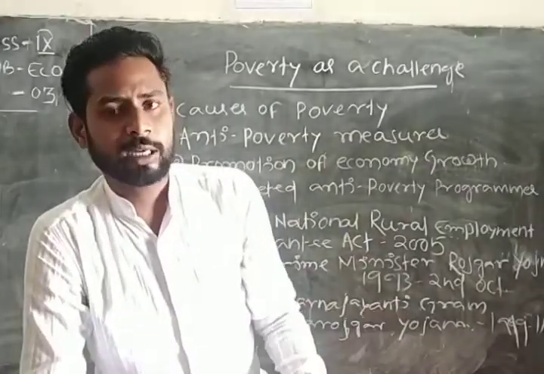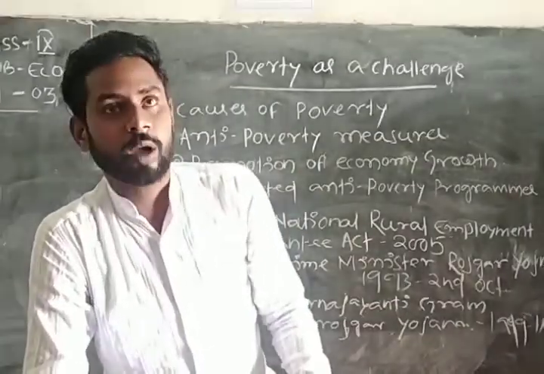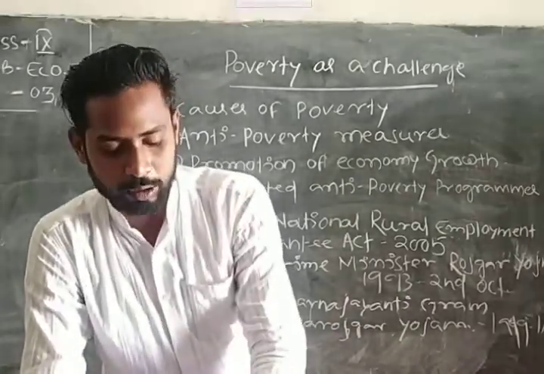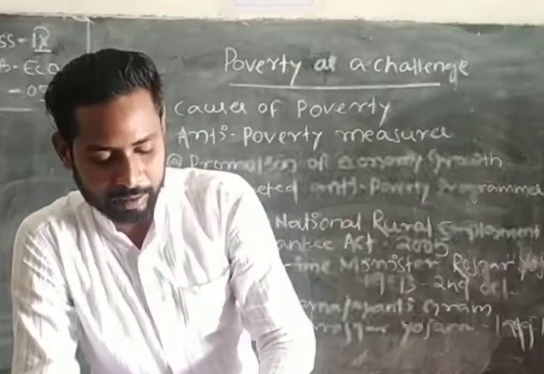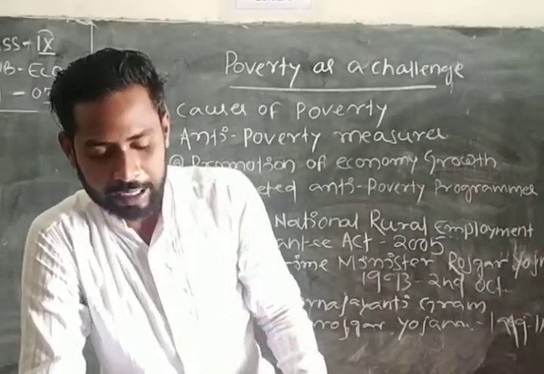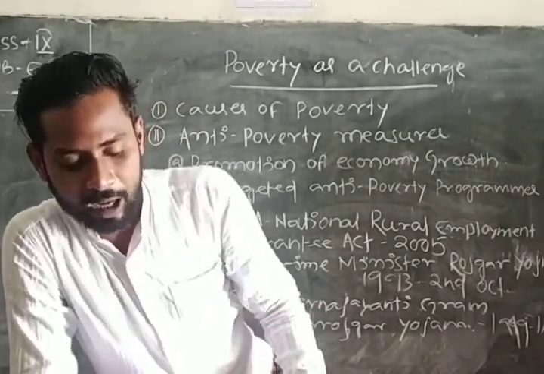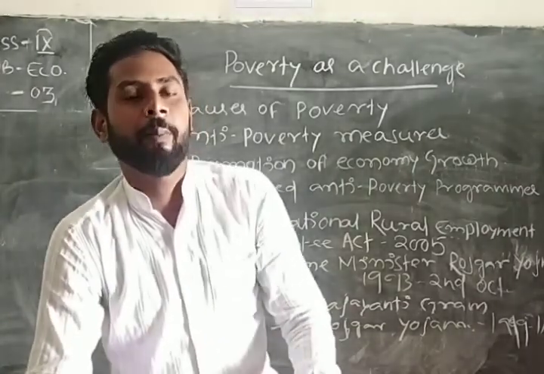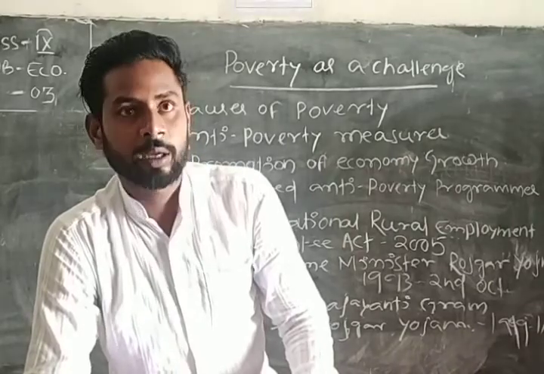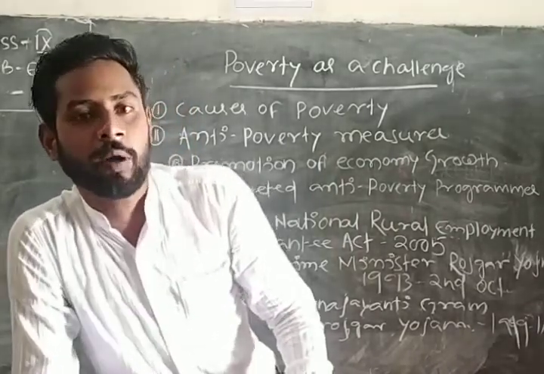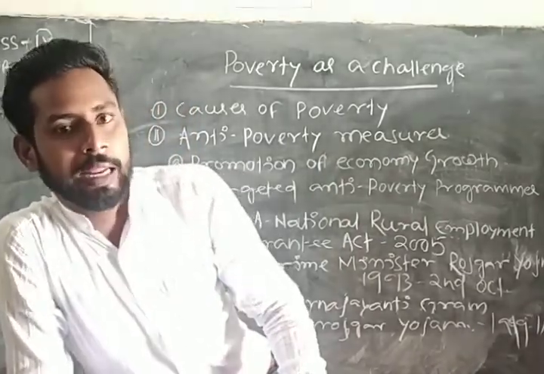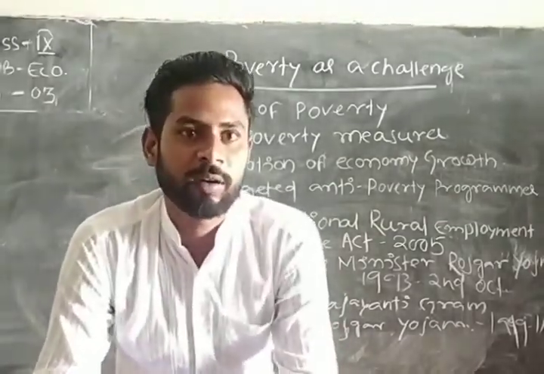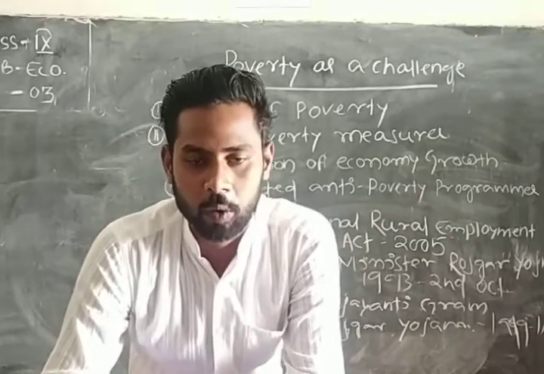After that, we discussed the causes of poverty: the low growth rate or low developmental rate, then discouragement of the development of industries and handicraft products during the colonial period, the British period. They drained the wealth of India to England. That's why the growth rate slowed down.